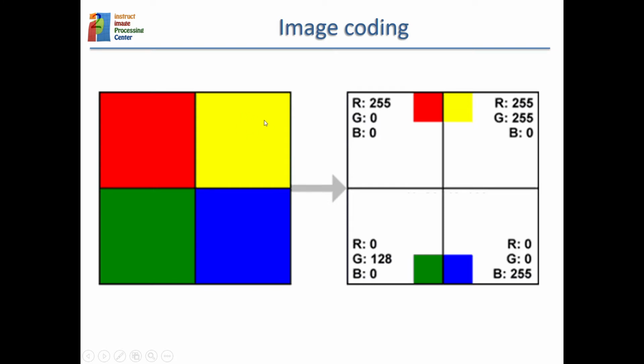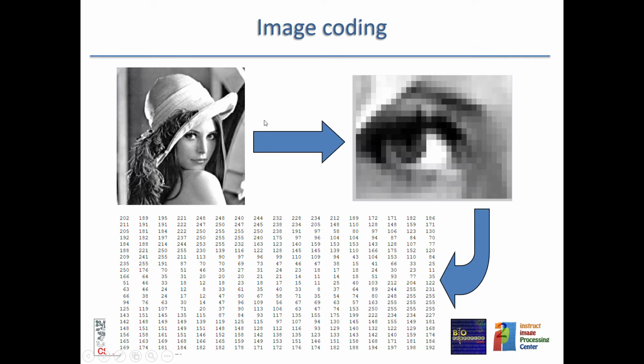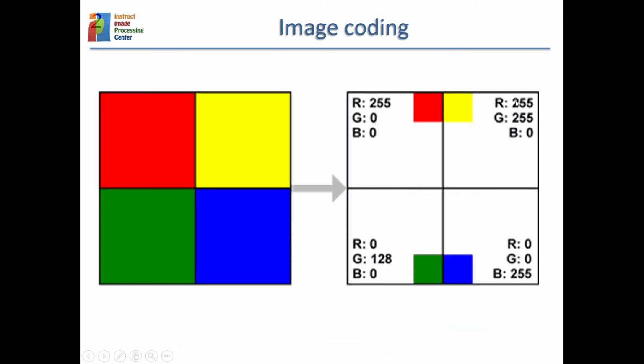It turns out that for gray images, if you put the same value in the three channels, so you put 255, 255, 255, what you get is white. If you put 0, 0, 0, what you get is black. And if you put the same value in the three channels, somewhere between 0 and 255, what you have is a gray that goes from black to white.